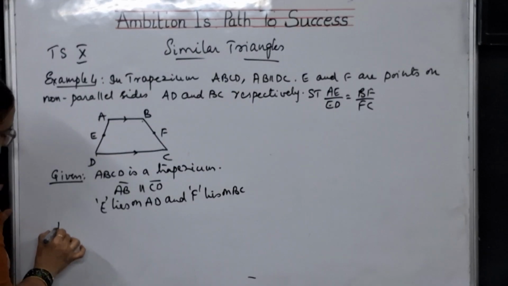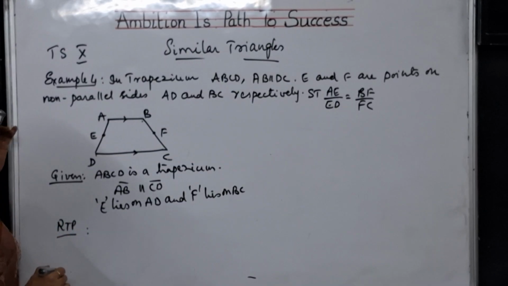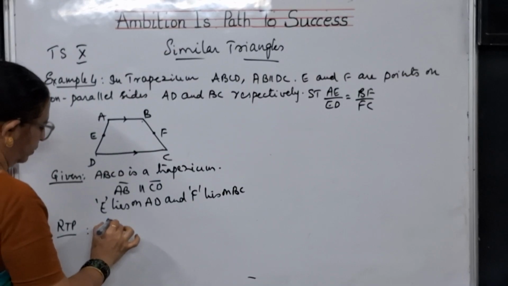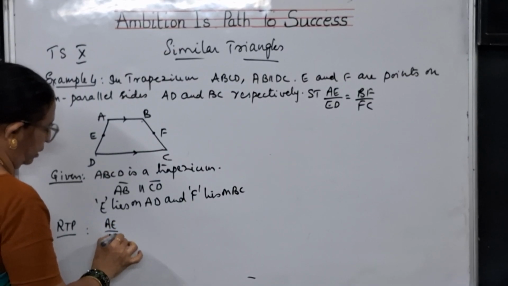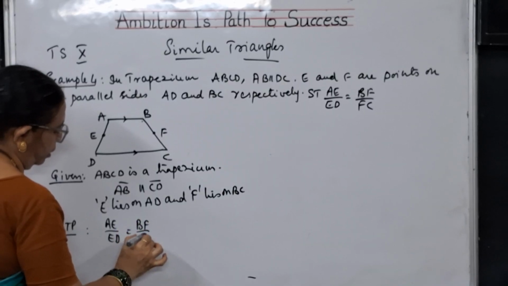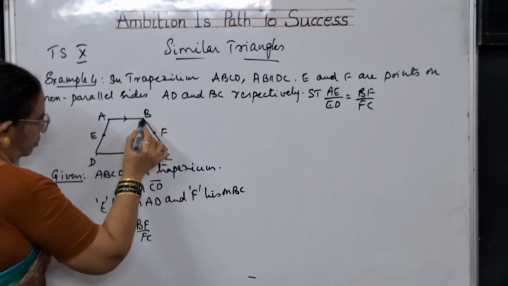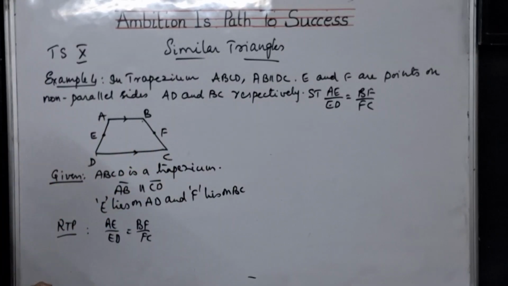This is given to us. What is RTP? You have to prove that AE by ED is equal to BF by FC. This you need to prove.